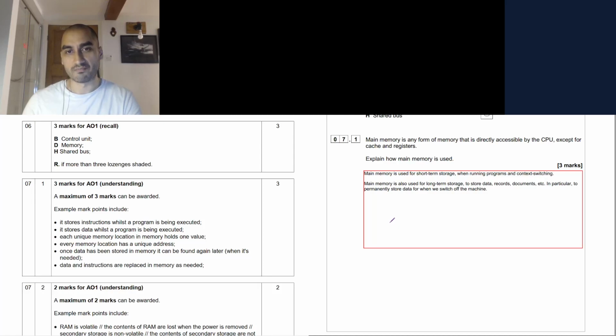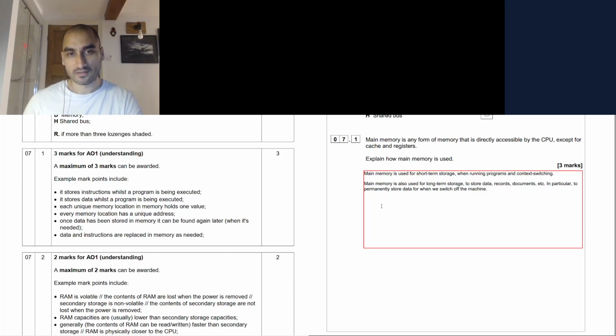I thought they were asking to compare RAM with, like, ROM or whatever. That wasn't really the question. They want you to say how the memory literally is used, like how the addresses work and all that. They could have made the question a bit more explicit, but whatever. 1 mark, I guess. Yeah. Not happy so far. I've lost 8 marks.